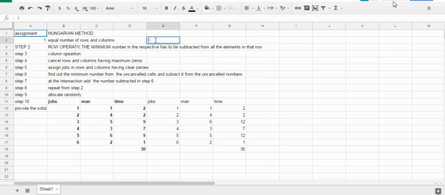You are supposed to introduce a new row or a column with zeros. When you introduce it, you have to put in all zeros.